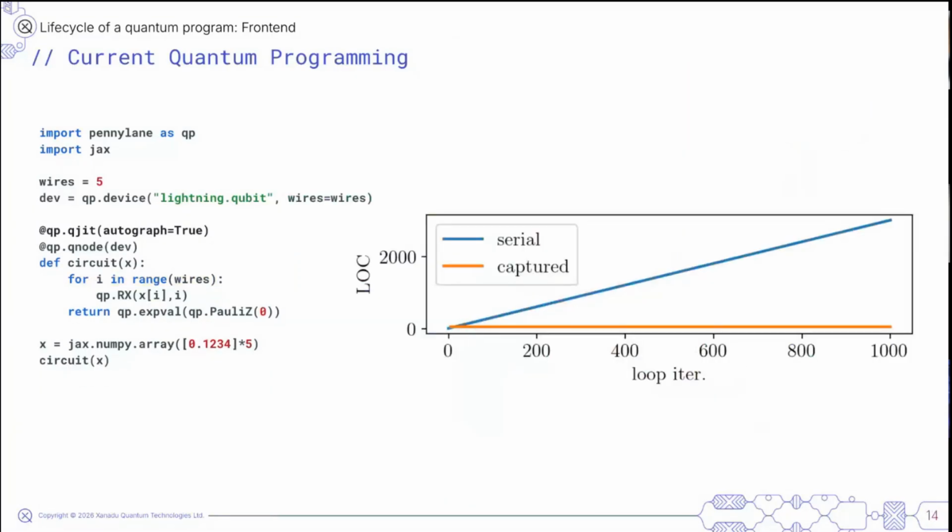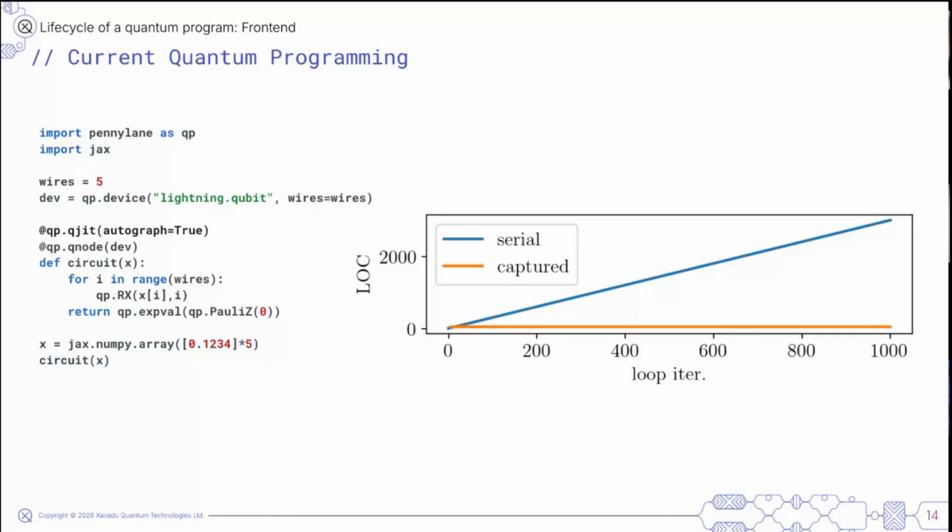There's a very easy graph to see here: with serial, lines of code increase, while with capture, lines of code remain bounded. If you're trying to make your compiler efficient and fast, you definitely don't want to be doing passes on 10, 20, 30, 40, a million, 10 billion lines of code if you can represent it with 10,000.